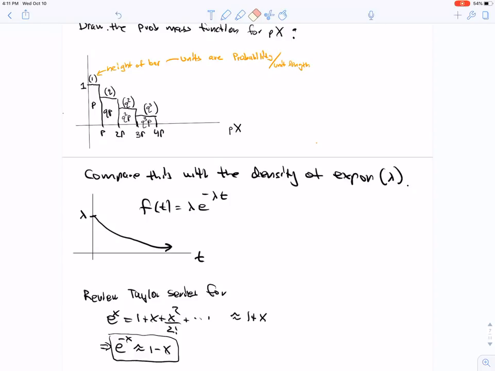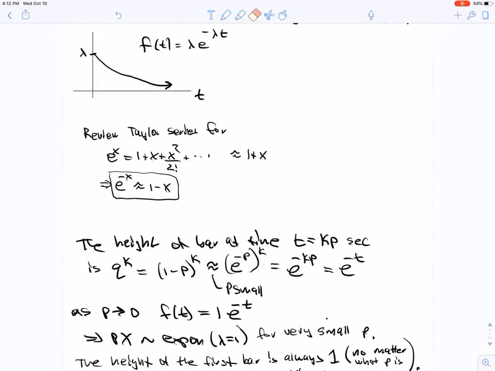Now you can compare this graph with the density of exponential lambda. Essentially, as p becomes finer and finer, smaller and smaller, we end up with this exponential density function. Let's see how that works. We have the Taylor series: e to the x is 1 plus x plus x squared over 2, and so on. So e to the minus x can be approximated by 1 minus x for small x.